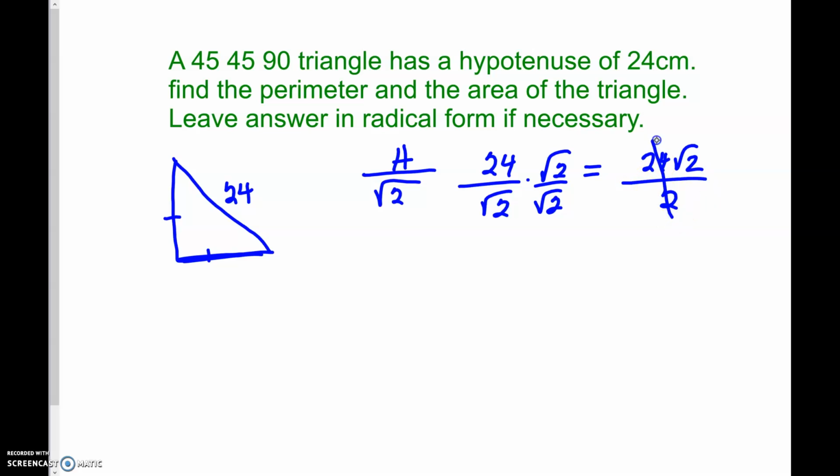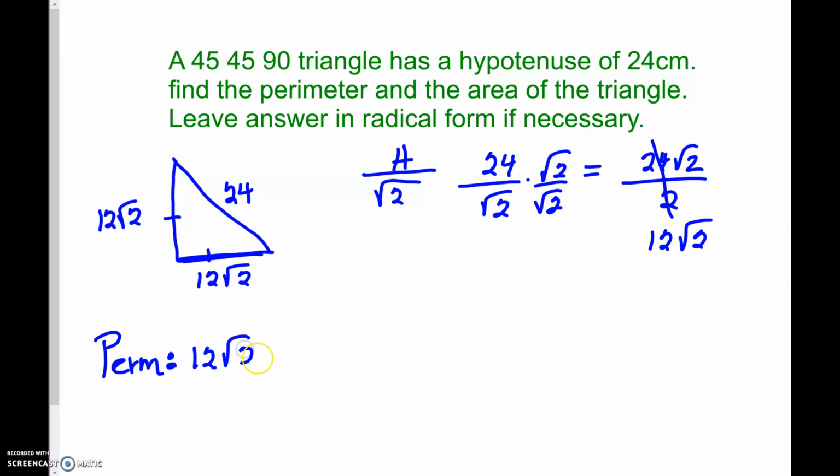So now this can simplify, and we're going to get 12 root 2. So the length of this side is 12 root 2, and because it's a 45, 45, 90, this is also 12 root 2. So our perimeter is going to be 12 root 2 plus 12 root 2 plus 24.